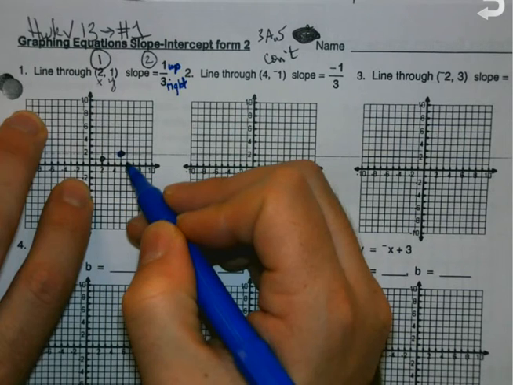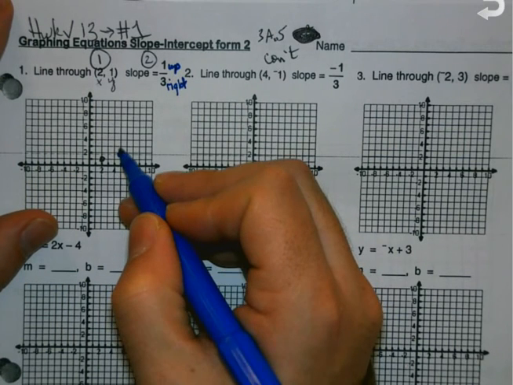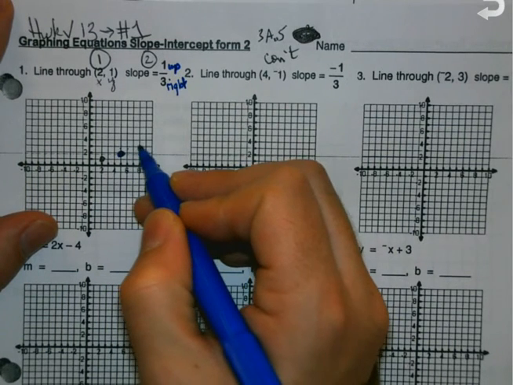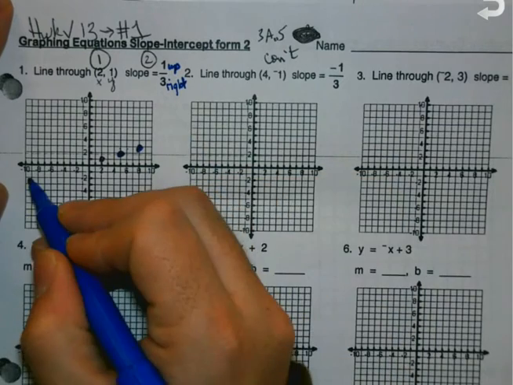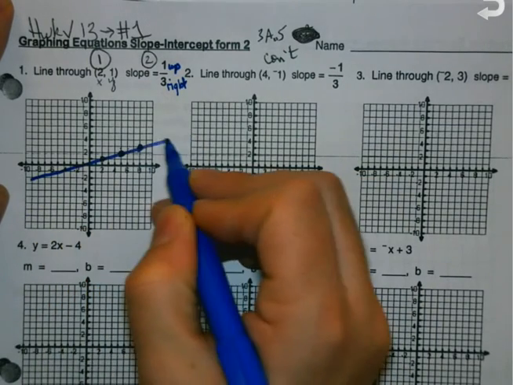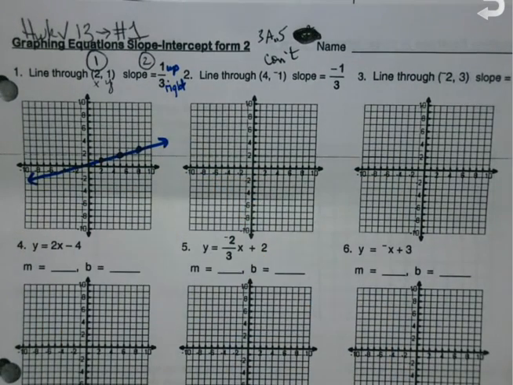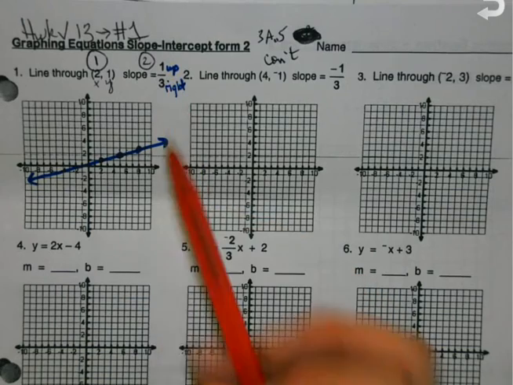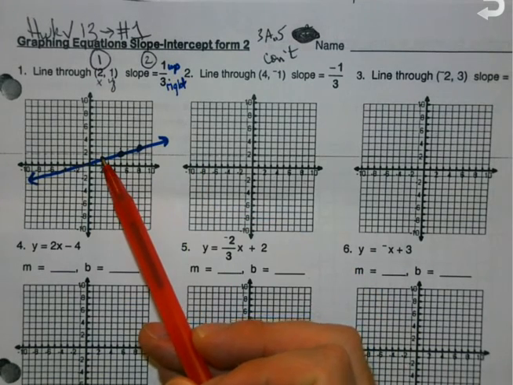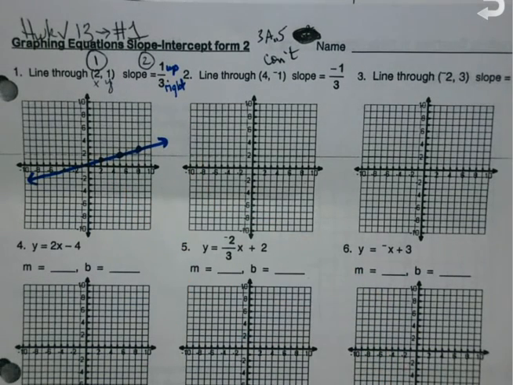And if I want to have another point so it's really accurate, I can do it again. Up 1 and right 3. And connect the dots. That's it. When they give me the point and the slope, I just plot the point and then do the slope from there and I'm done. So it's nothing that's too bad.